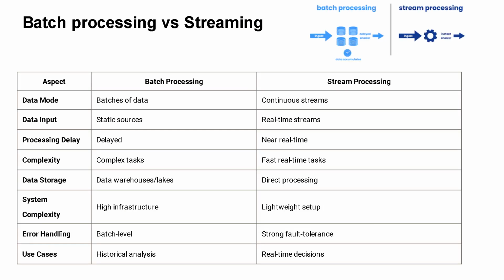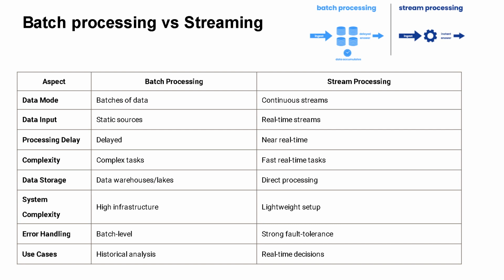So next, let's talk about batch processing and streaming. In distributed computing, we have these two types of processing method. The first one is batch processing. This method processes data in batches, periodically, could be daily, hourly, or weekly, and the data input is more or less static.